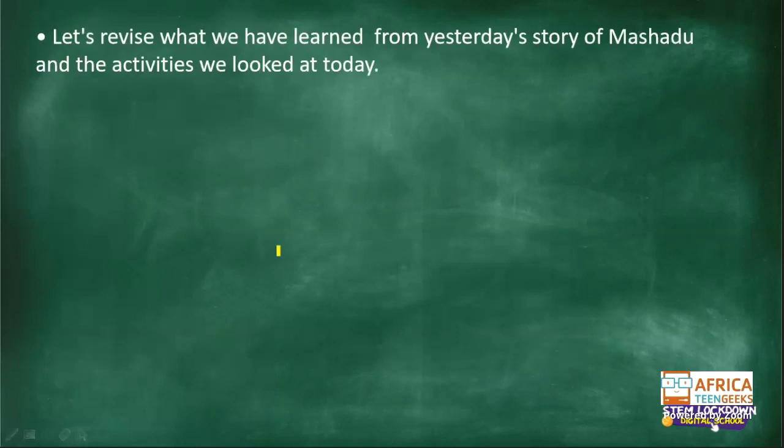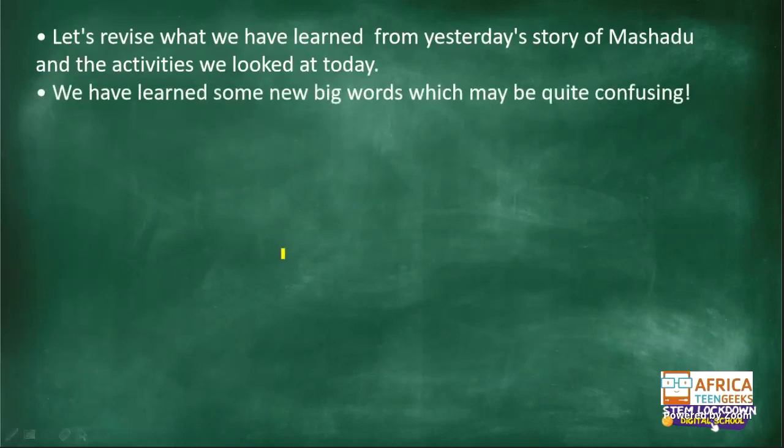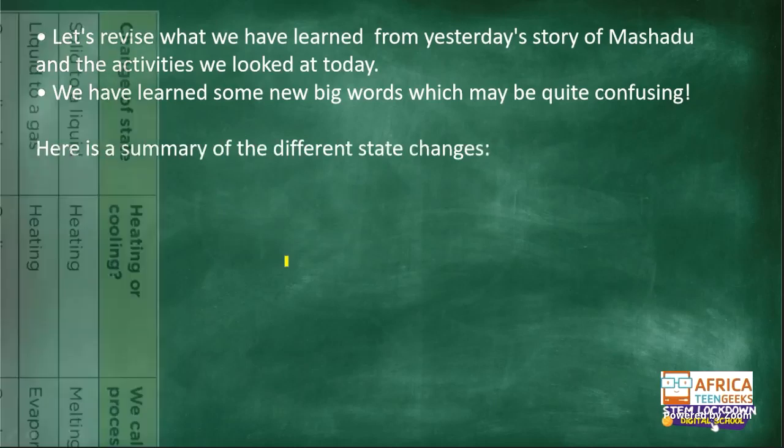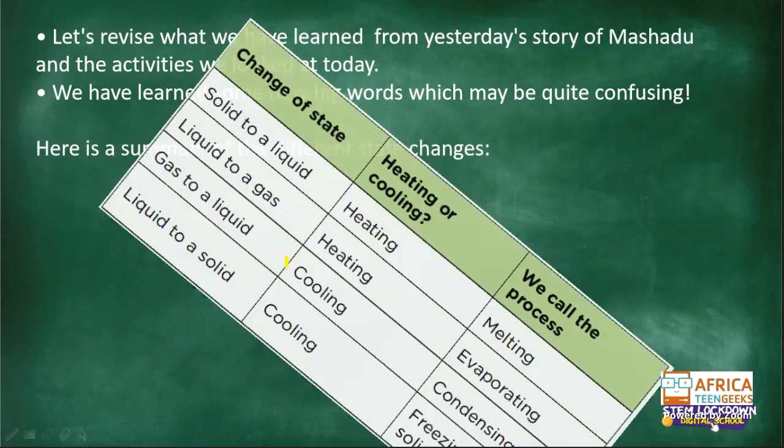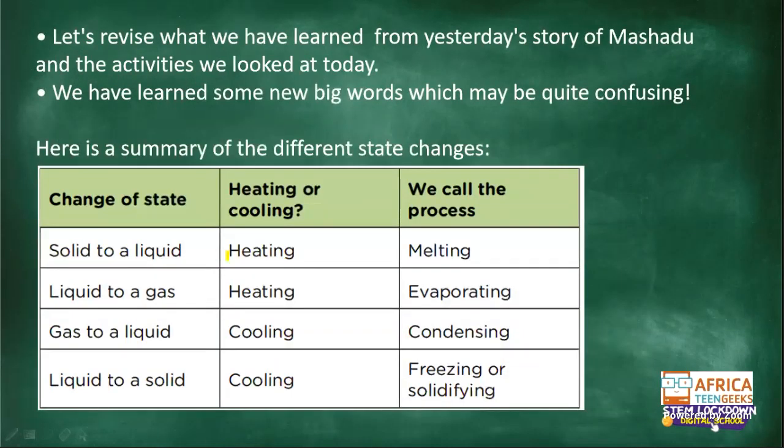Let's see what we've learned from yesterday's story of Mashadu and the activities we looked at today. Now we have learned some new big words and some of them might be confusing, like solidify, but let me quickly show you a summary of the different states. You can see a solid to a liquid.